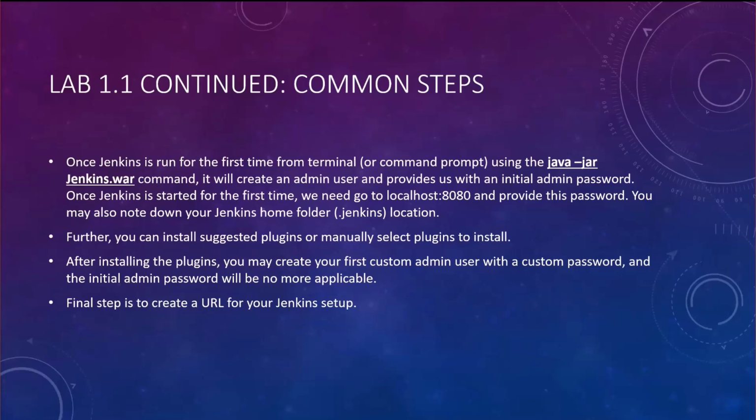There used to be a time when this feature was not there with Jenkins, but this is done as an extra step to make sure your environment is secure. The first time you don't have any users created, right? So by default, a user and password is created for you. And then you have to copy paste that password. Whenever you are running it for the first time, you have to provide it.